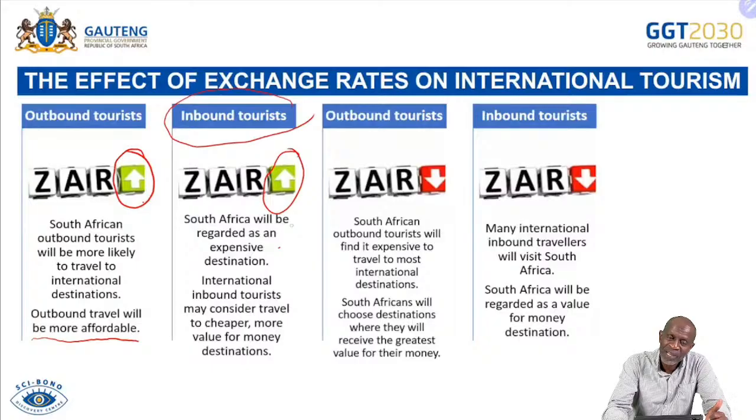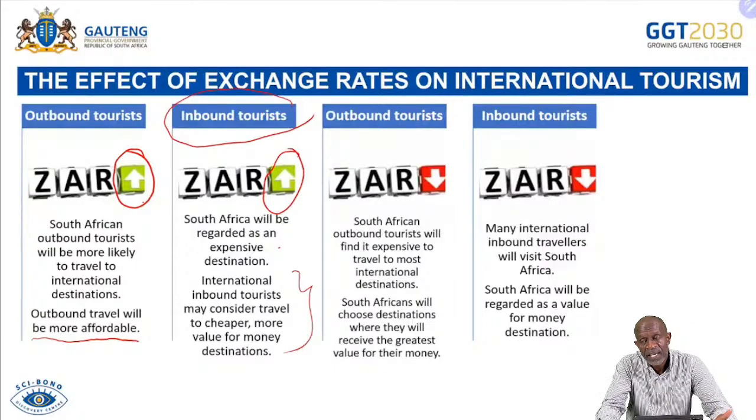They will not stay long in the country because the things will be expensive. It is because they have received fewer rands in exchange of their currency. International inbound tourists may consider travel to cheaper, more value for money destinations. So if South Africa is expensive, then they will look for cheaper alternative places to visit.